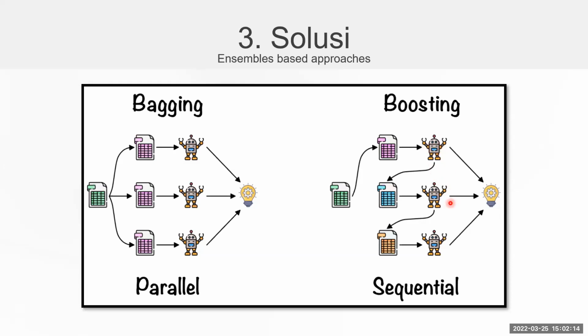Why? Because the accuracy of the second model is higher than the first model, so it will be given a weighted value higher than the other model.